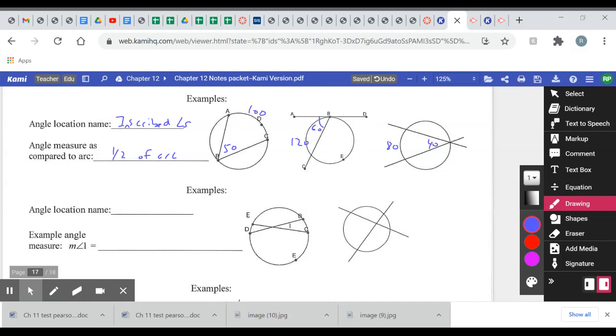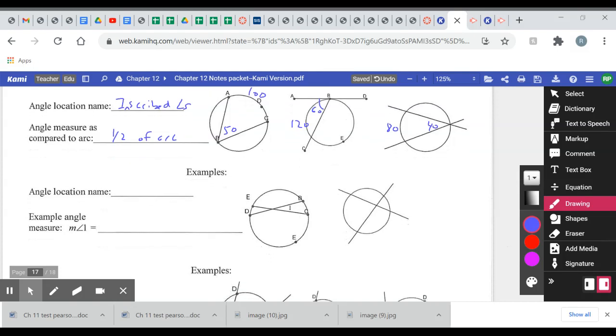Next up, we're reviewing something we learned in section 12.4. In both of these cases, you see an X being formed inside the circle. That's our clue that since we see this inside angle, we're using the formula that says 1/2 of the 2 arcs added up.